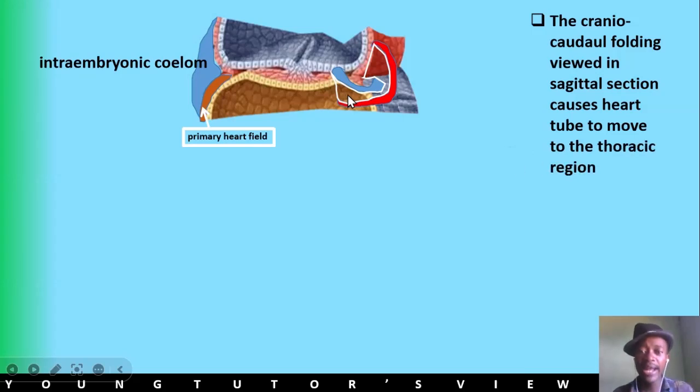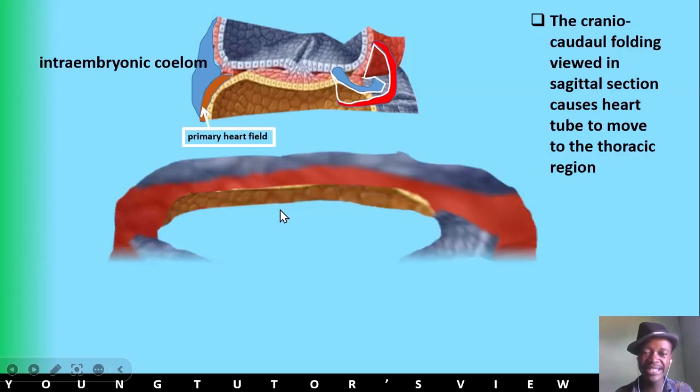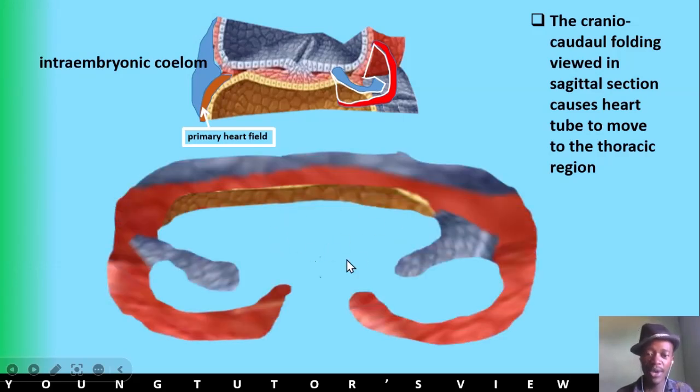Yeah, so let's show this part in another illustration down here. In this illustration we still have the intraembryonic coelom here, and the primary heart field is going to be here. So now we have that exchange of positions of these two because of the cranial folding, or folding of the head.